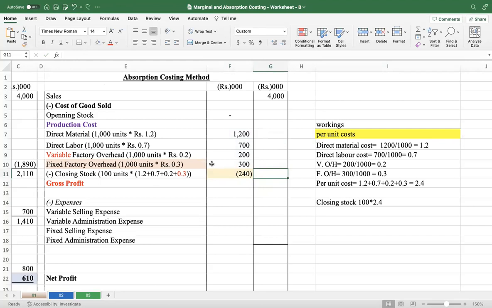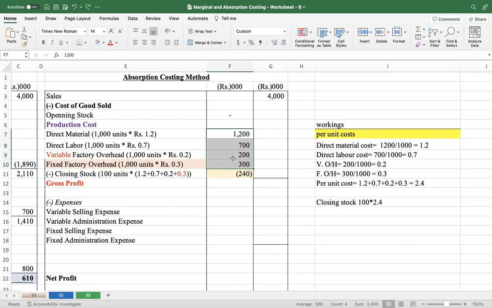So let's add these four. Now we have four here, right? Direct material, direct labor, variable factory overheads, and fixed factory overheads, which we added because we are preparing the account according to absorption costing method.